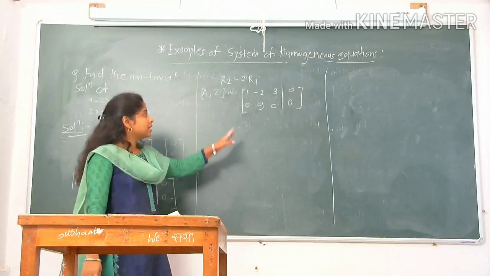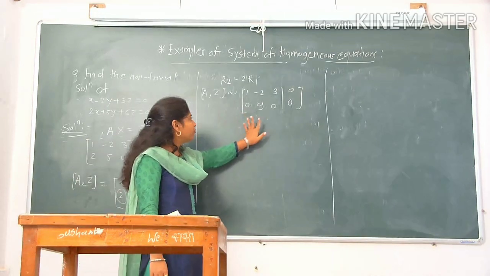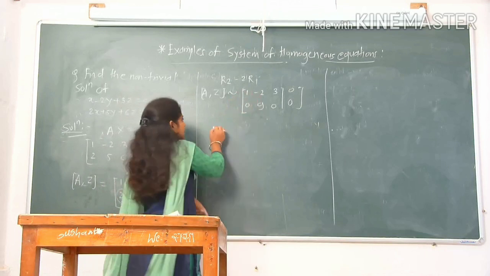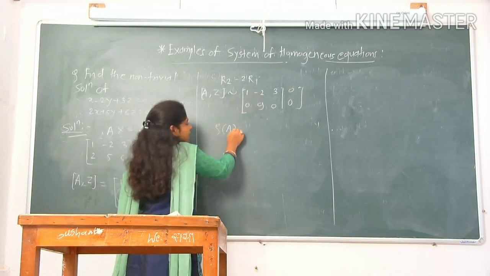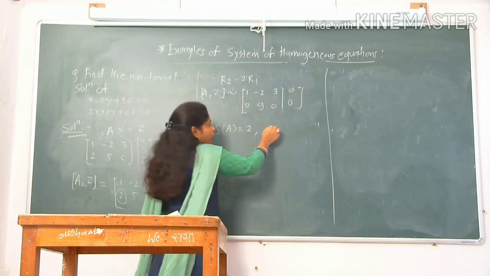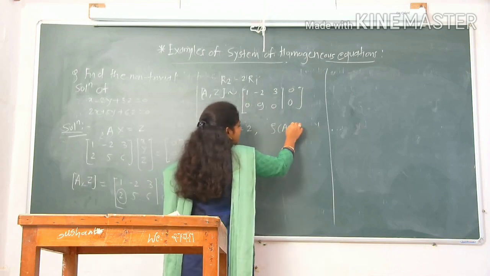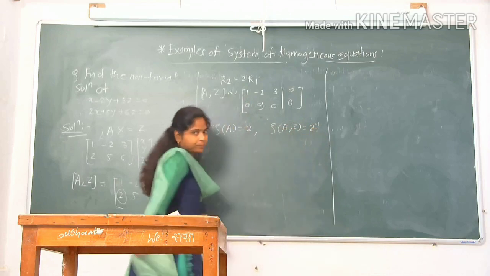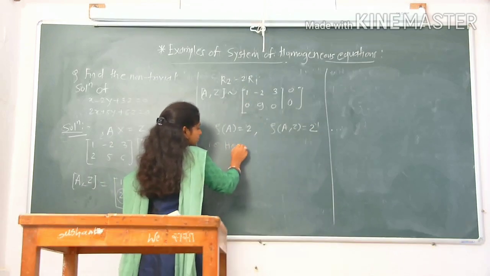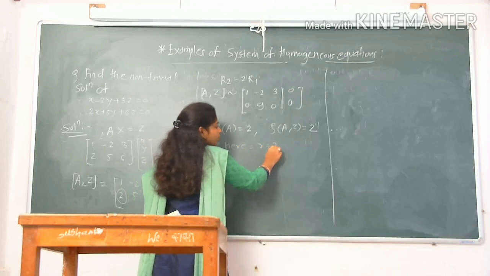Now this matrix is in row echelon form. So the number of non-zero rows in matrix A, that is the rank of matrix A, is equal to 2. Also the rank of augmented matrix AZ is also 2. That is here R is equal to 2 and n is equal to 3.